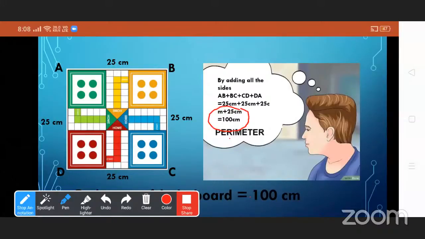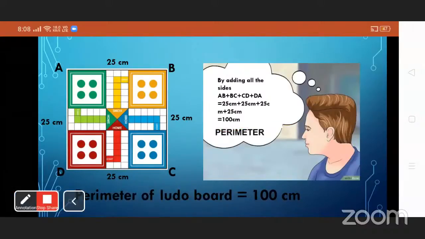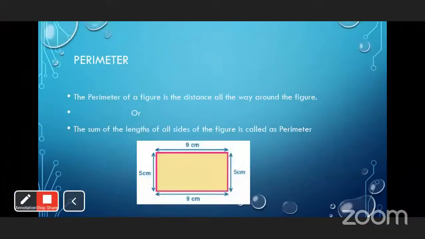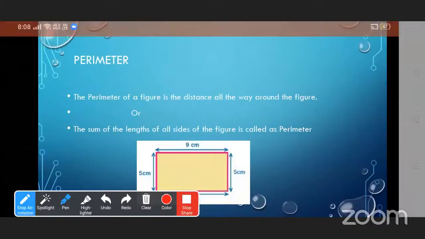Now see here. What is perimeter? The perimeter of a figure is the distance all the way around the figure.